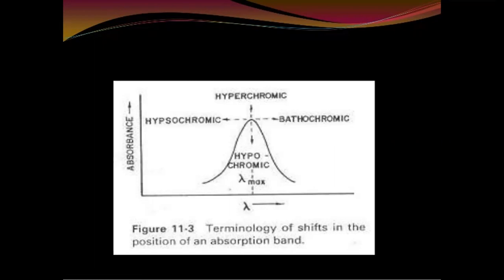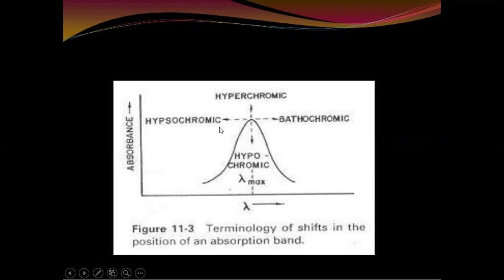In the bathochromic effect, the lambda max is moving towards the higher wavelength region and low energy region. Hypsochromic shift is the blue shift: the lambda max is shifting towards the lower wavelength, and here the energy is very high.